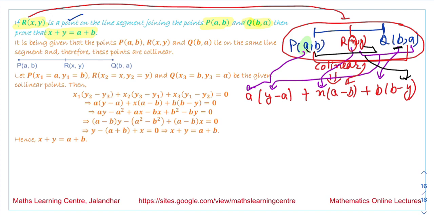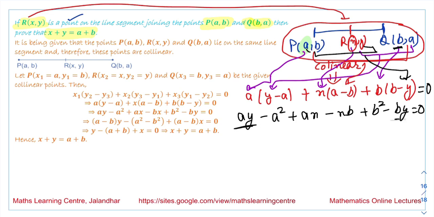So on solving this, this area should be equal to 0. When we solve these values, we get ay minus a square plus ax minus xb plus b square minus by should be equal to 0. So these are the terms containing y.